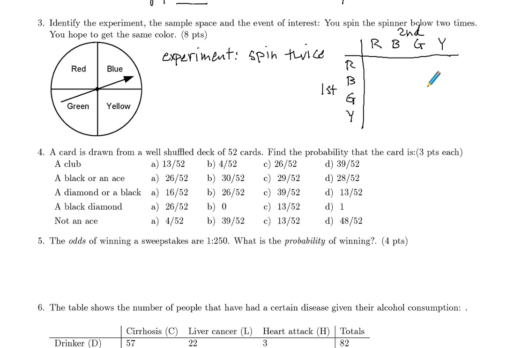And then all possible outcomes could be red on the first, red on the second. So red, red. Red on the first, blue on the second. So red, blue. Red, green, etc. Red, yellow. Blue, red. Blue, blue. Blue, green. Blue, yellow. Green, red.